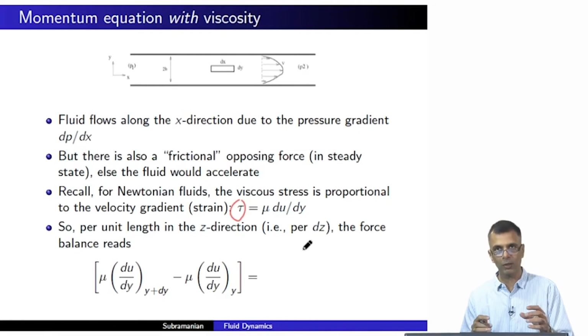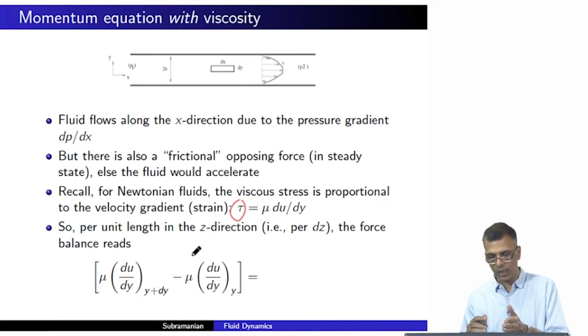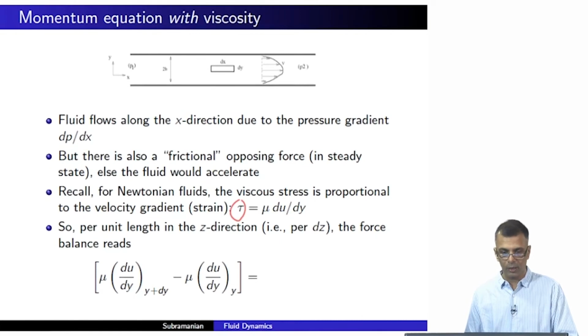Essentially what I'm trying to do is get rid of the area. Dz is one length element, and then I will be eventually multiplying with dy as well. So bear with me for a second, but what we're saying is mu times du dy at some y plus dy minus mu times du dy at y, this is equal to this.